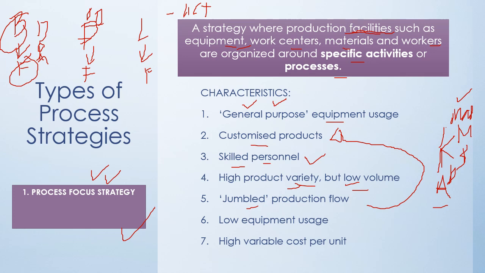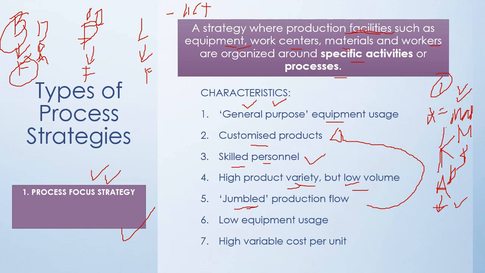So a specific process involved to produce newsletter. So for customer A who order the newsletter to be printed, there will be process flow number 1 to be used. A student comes to print an assignment. So that is another process flow to be followed in order to print an assignment. So to print a newsletter and to print the assignment, these two products do not have the same production process. So the production flow will be jumbled up.